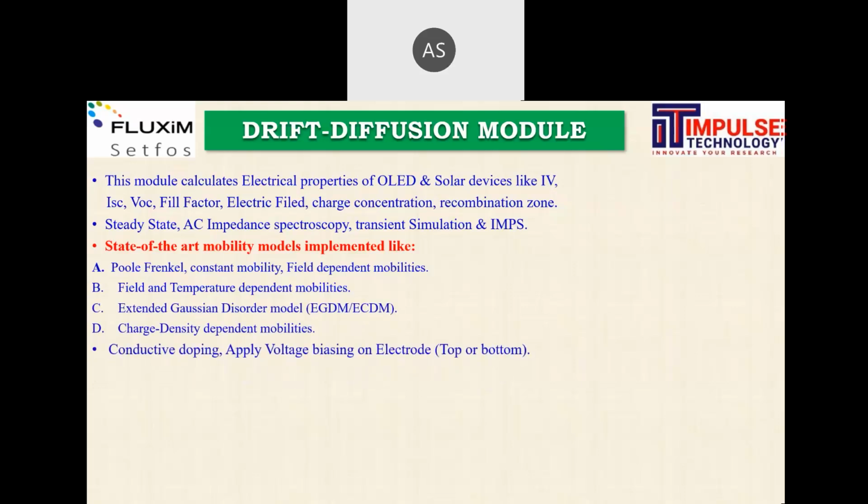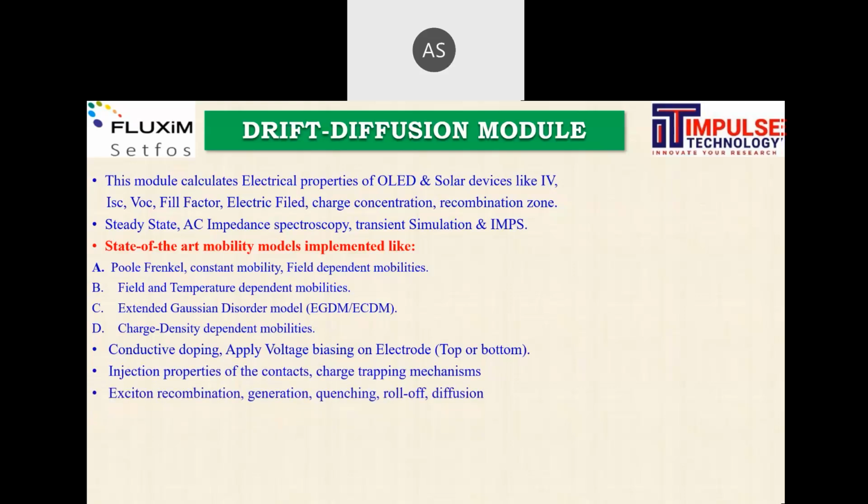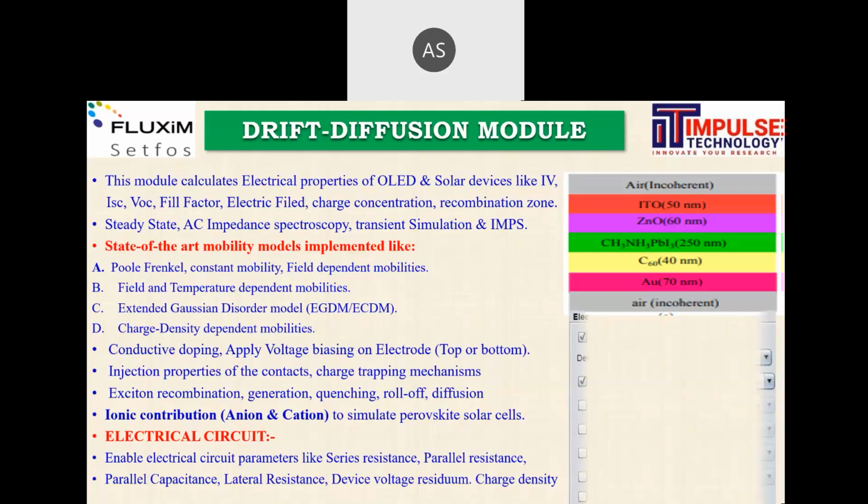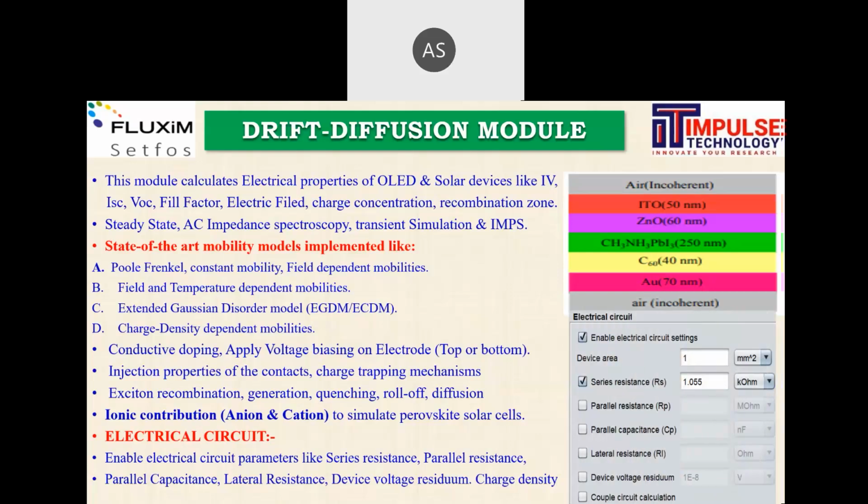Along with this mobility model, there are conductive doping, charge trapping, and voltage biasing you can apply on the top or bottom electrode, boundary conditions, injection property of the contact, charge trapping mechanisms, exciton recombinations, generation of electron-hole pairs, quenching, roll-off diffusions, ionic contributions, anions and cations to simulate perovskite solar cell devices, along with electrical circuit parameters like series resistance, parallel capacitance, device voltage. All these parameters you can set in your device.